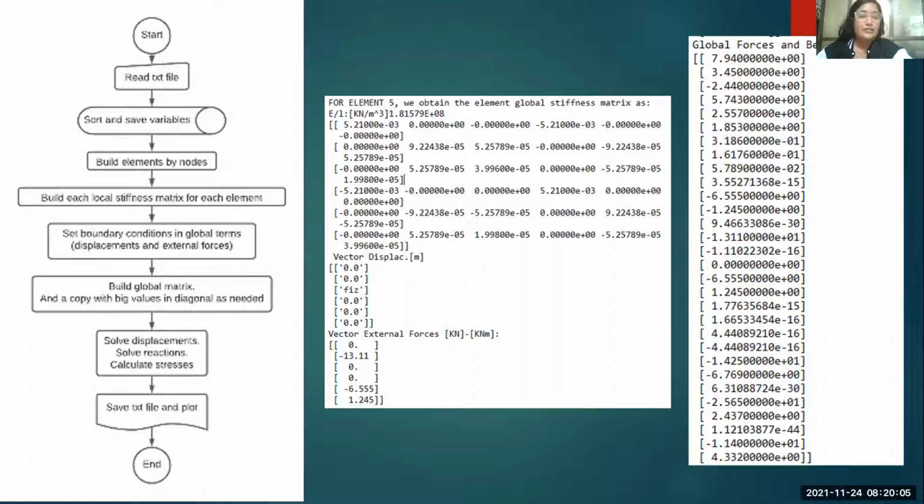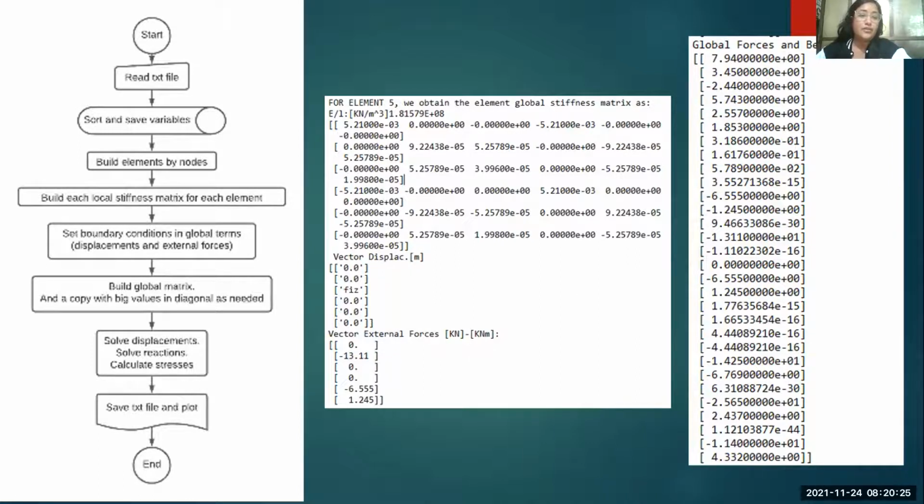Here the text file is read and sorted into six variables, with elements by node, with each local stiffness matrix for each element.